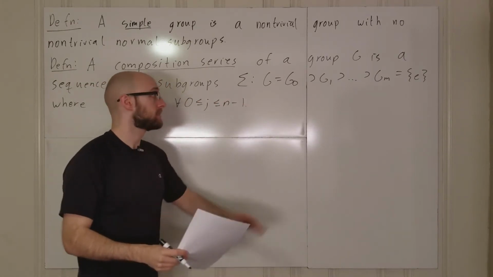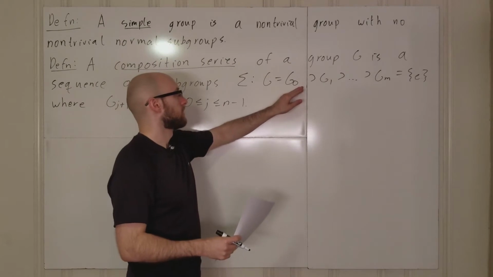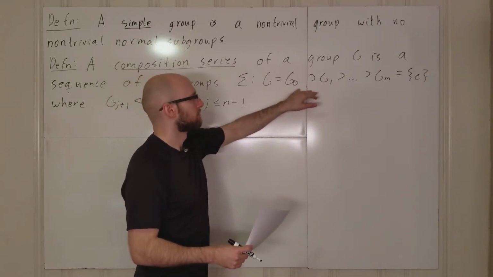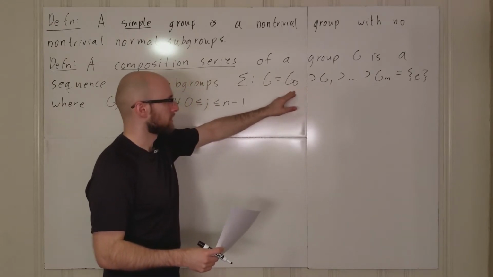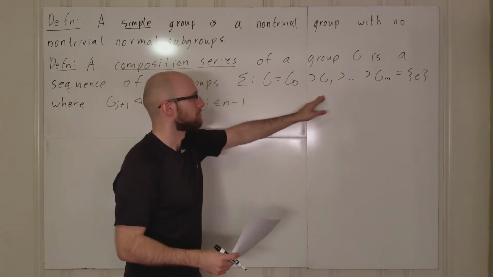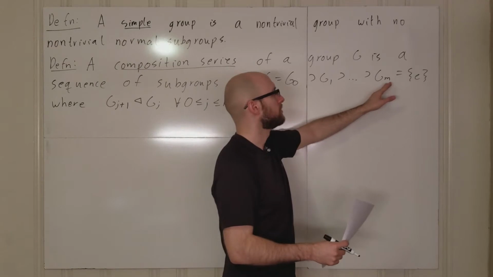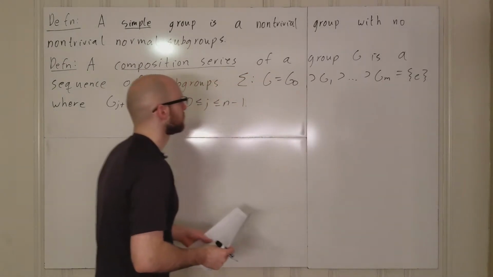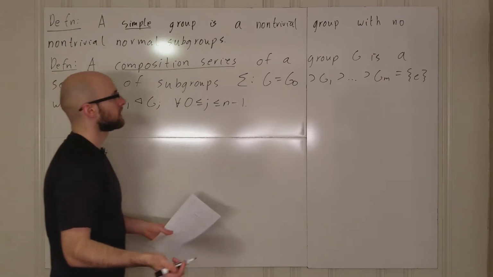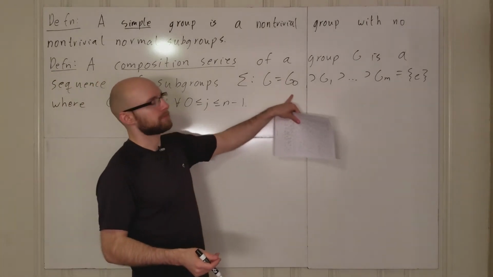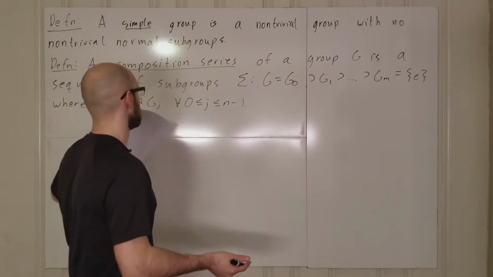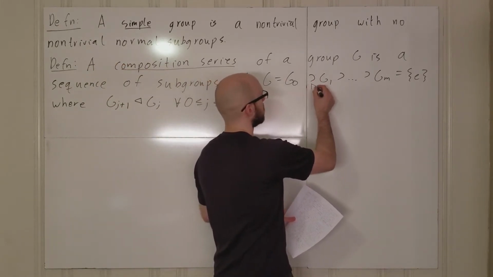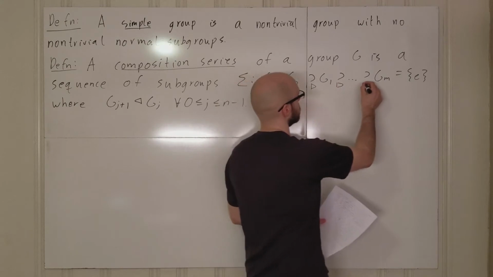So what this means is G1 is normal in G0, G2 is normal in G1, all the way down to Gm being normal in G_{m-1}. And sometimes when we're writing a composition series, instead of writing out let this be this and suppose that every single one is normal, we might just replace all of these with normality triangles.